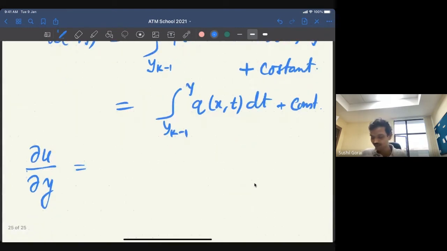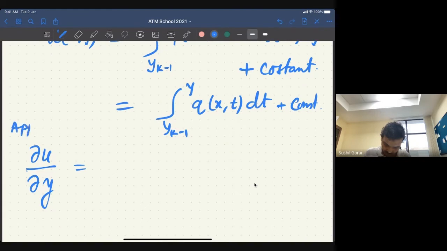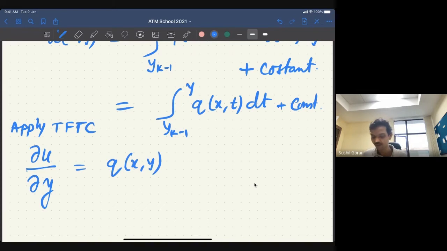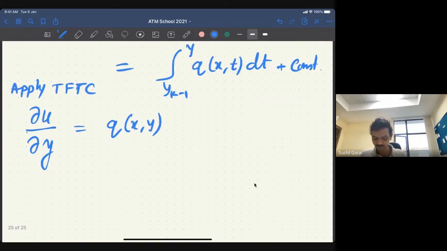So now we get it in terms of the fundamental theorem of calculus. Now apply the fundamental theorem of calculus. Here what you get is again the constant. Well, del u by del y is q(x,y), right? The derivative of the constant will be 0.